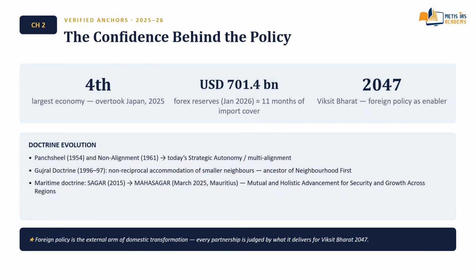Similarly, it does not ask, write about India-Bangladesh relations. Instead of that, it asks like this: discuss the importance of neighborhood diplomacy for India's security and development. Please notice the pattern here.